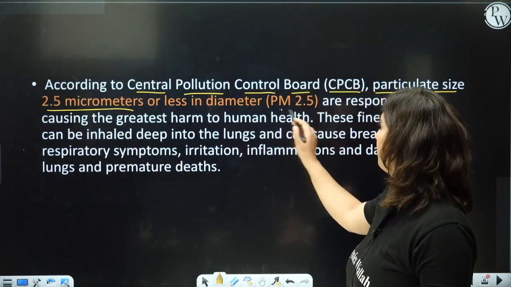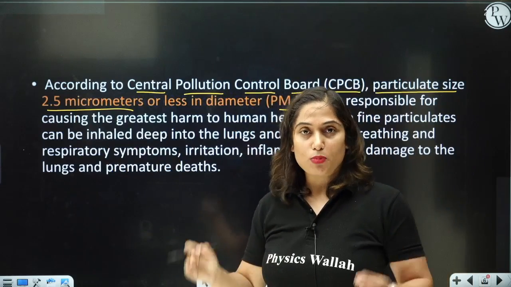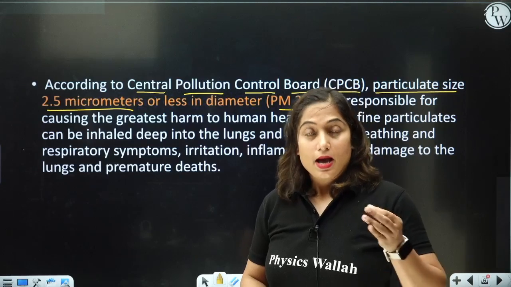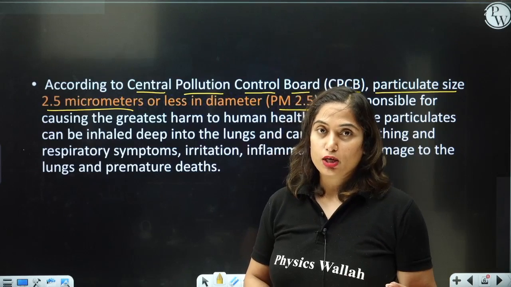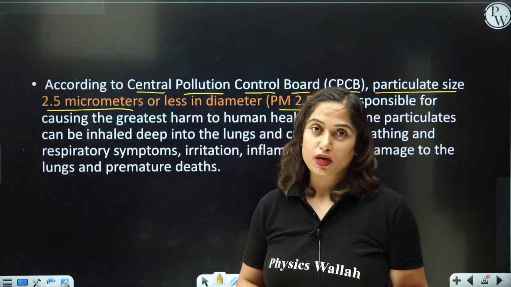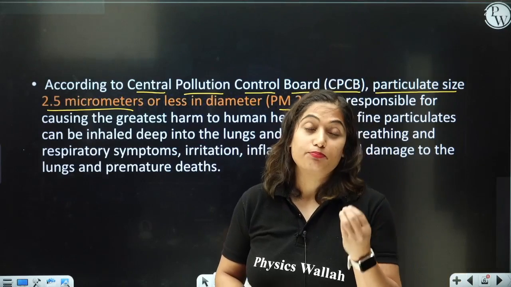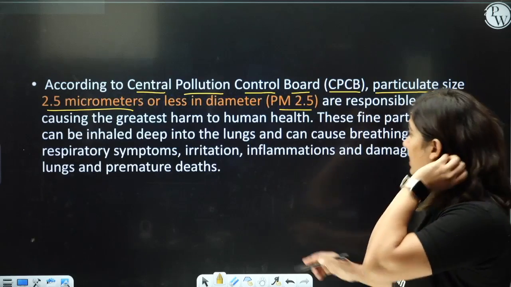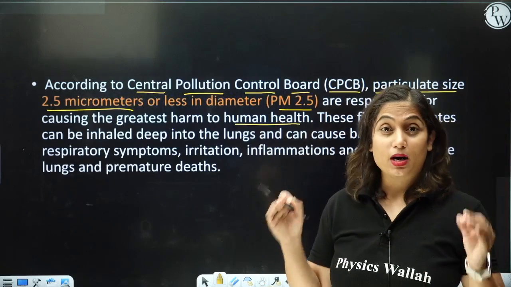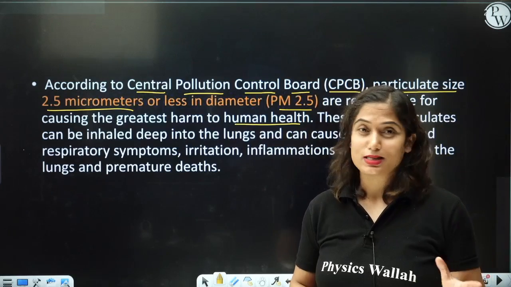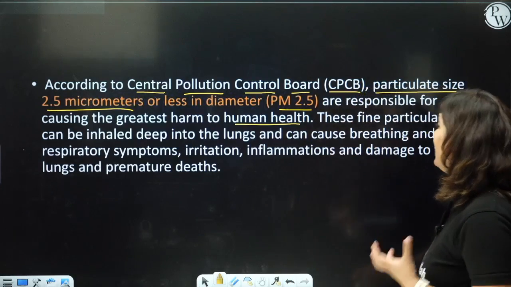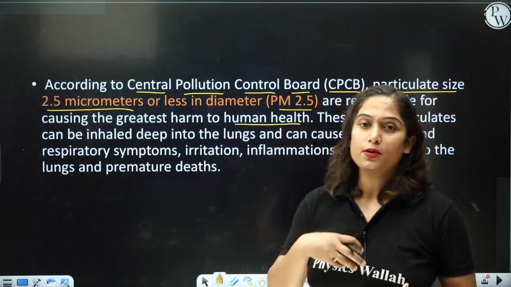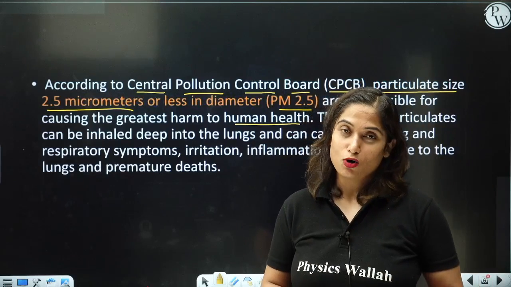So any dust particle present in the air with a diameter equal to or less than 2.5 micrometers is considered particulate matter. This is important, and it causes the greatest harm to human health, as it can cause breathing problems, irritation, inflammation, and damage to the lungs, and in severe cases can also cause death.